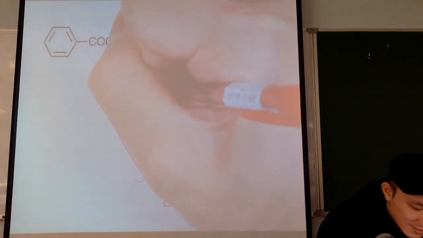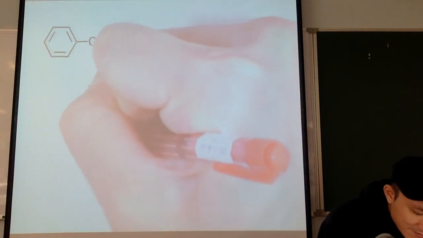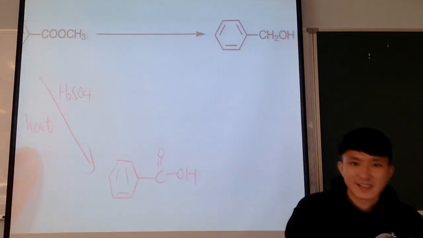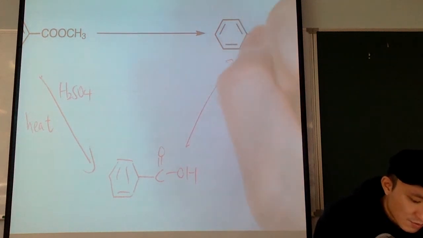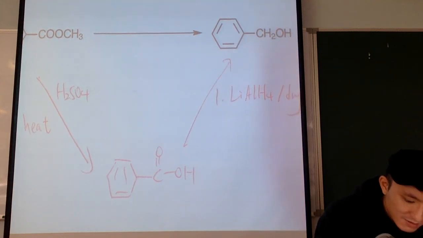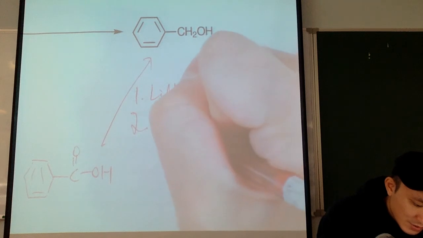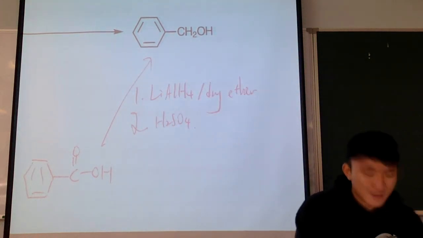So for acid hydrolysis, you can use H2SO4, and remember, whenever it is hydrolysis, you need to heat it. Okay, and then for carboxylic acid to alcohol, you need to do 1. lithium aluminum hydride in dry ether, followed by 2. H2SO4 or H+. Okay, so that should do it.